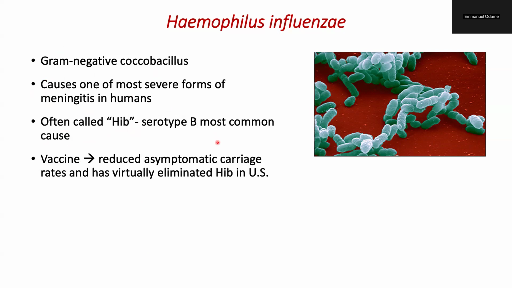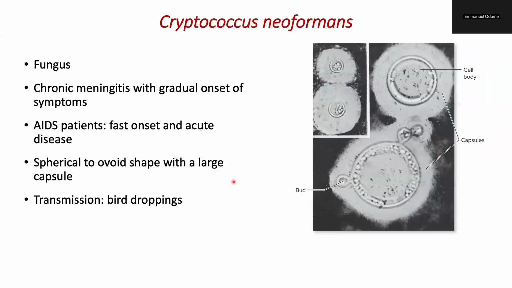As I said, vaccines are available and they are given to infants. The vaccines have been known to reduce asymptomatic carriage rate and have virtually eliminated Hib in the United States.